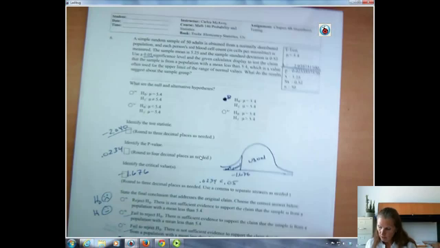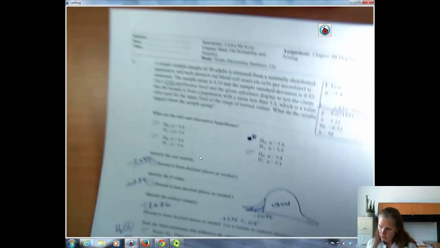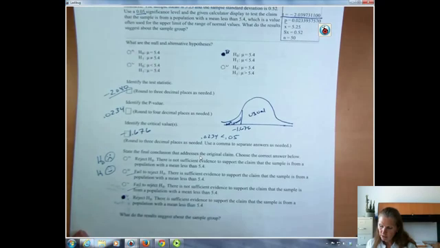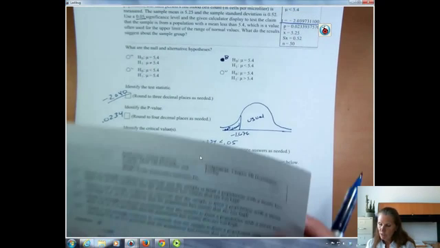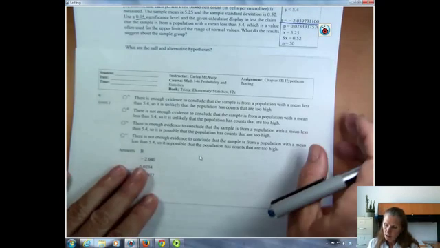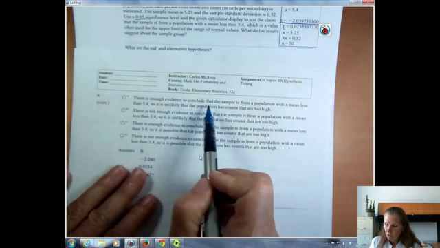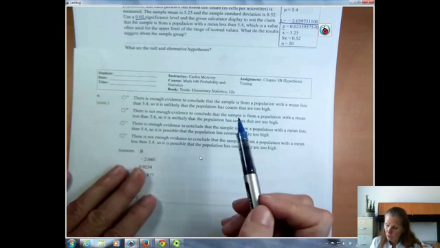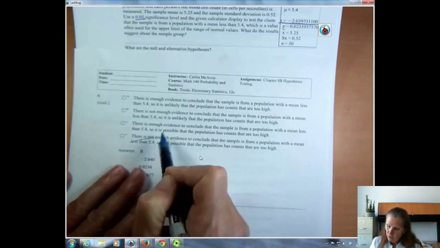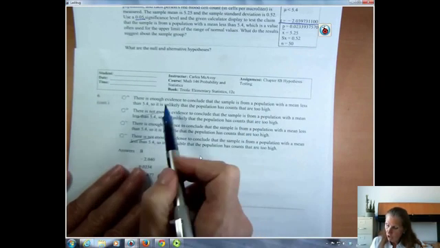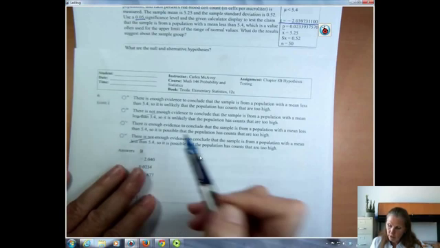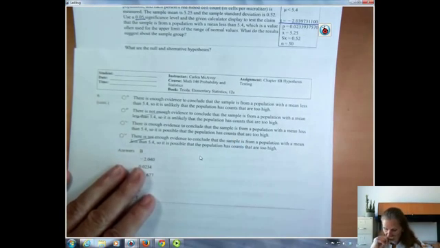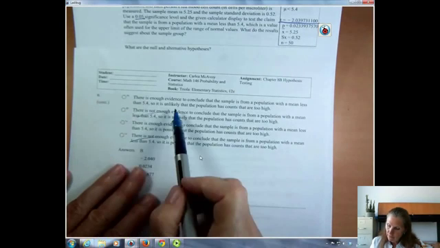So we think there is evidence to support the claim that the sample is from a population with a mean less than 5.4, which means there is evidence to conclude that. We just saw we had the happy face next to that and we supported it.